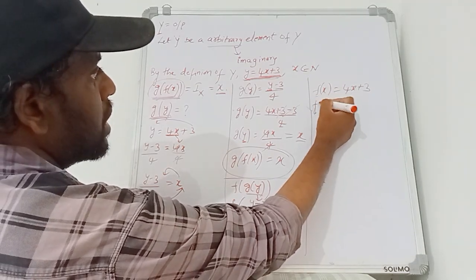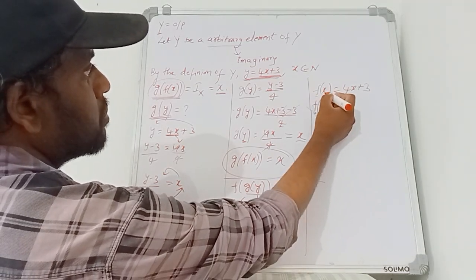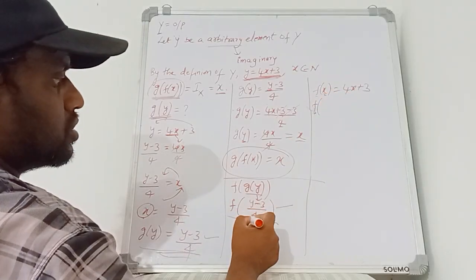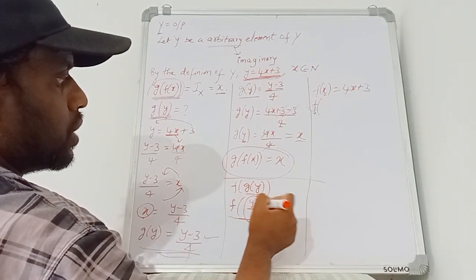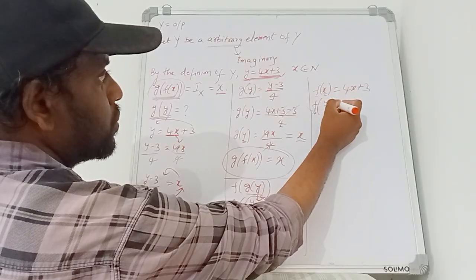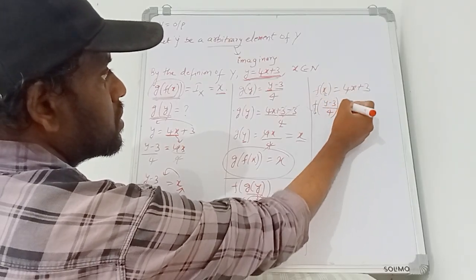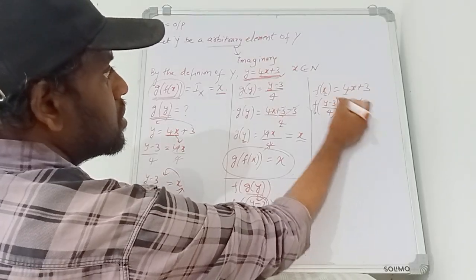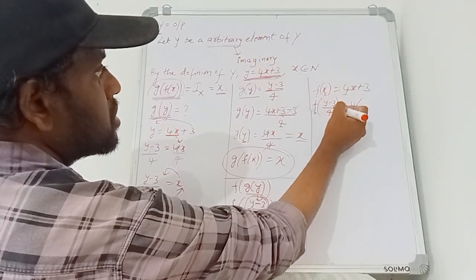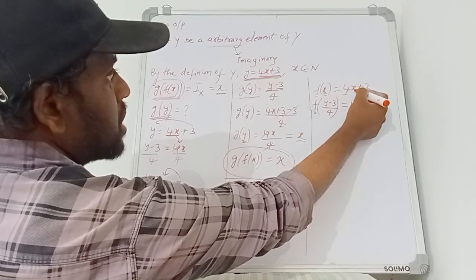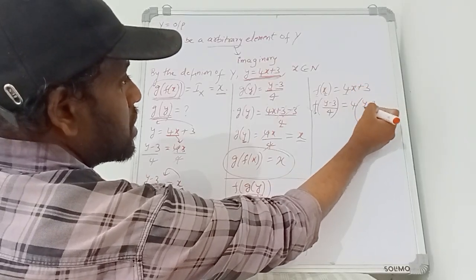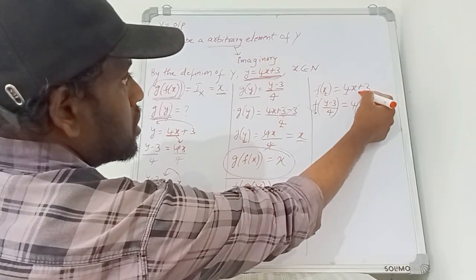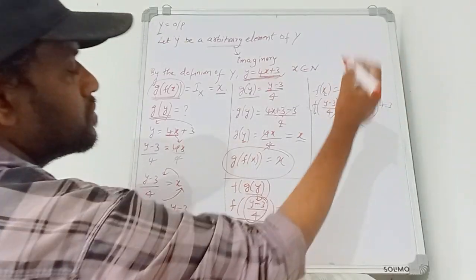So write this f as it is. In place of x, we have this y minus 3 by 4. So you write 4, this 4 will be as it is. In place of x, write the same thing, y minus 3 by 4. This plus 3 will be as it is.